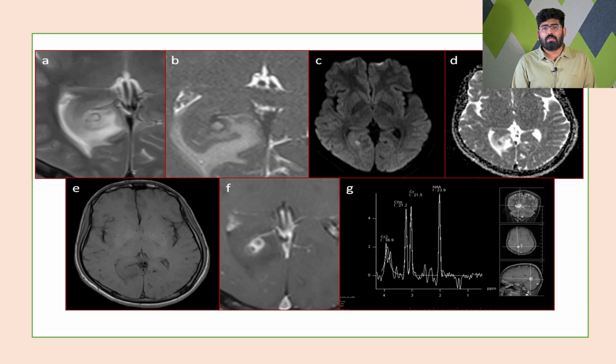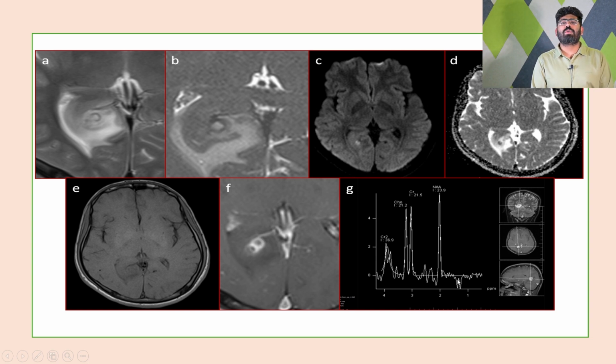Coming to this case, you are able to see multiple lesions with peripheral ring enhancement, and you are able to see an inverted double lactate peak in intermediate TE.